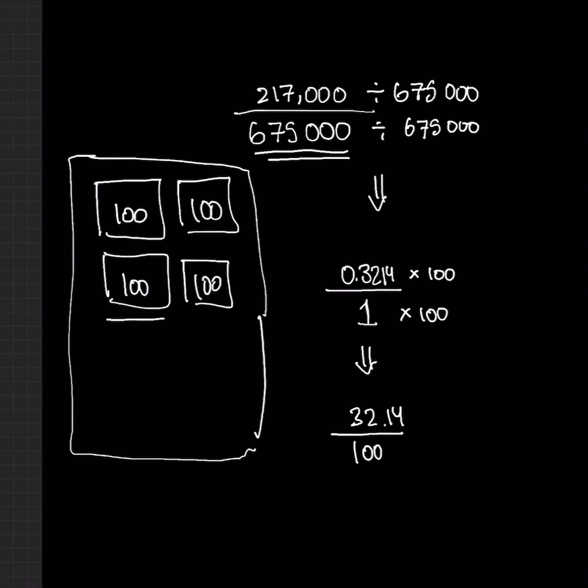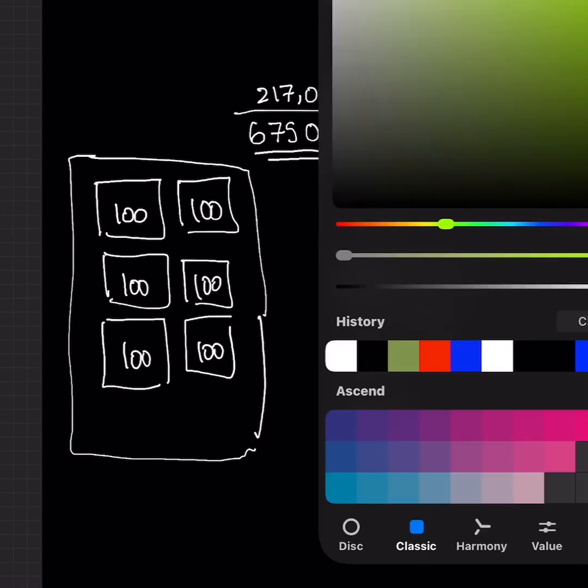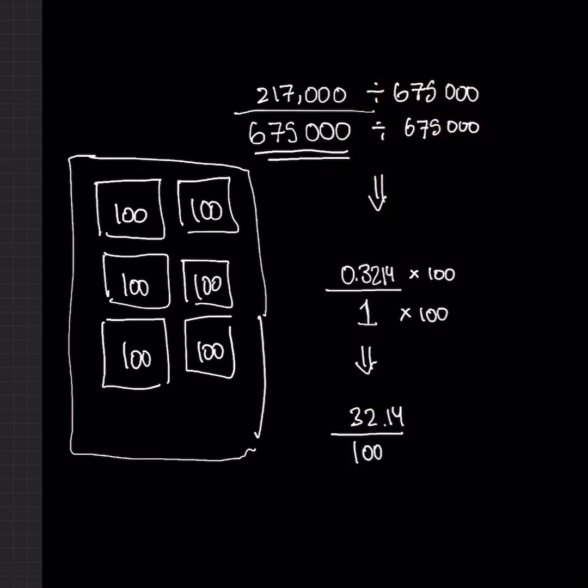If somebody wanted $217,000 from you, you could take $32.14 out of each baggie. There would be more baggies than this, but I can't draw that many. But out of however many baggies you would have, from each one you would have given $32.14.